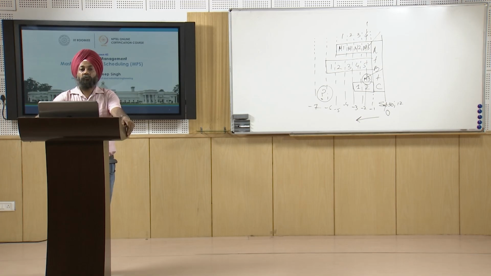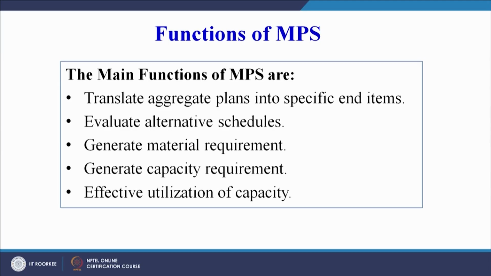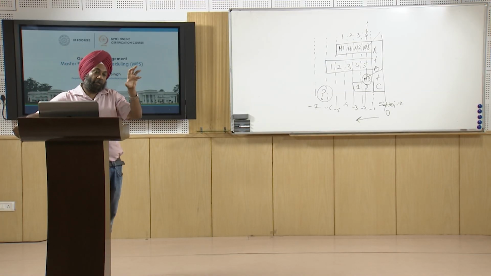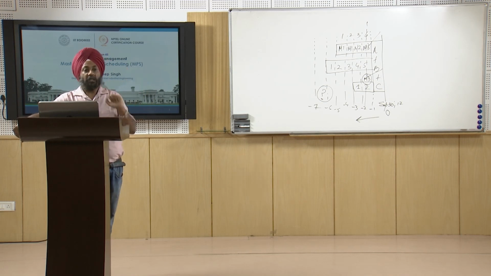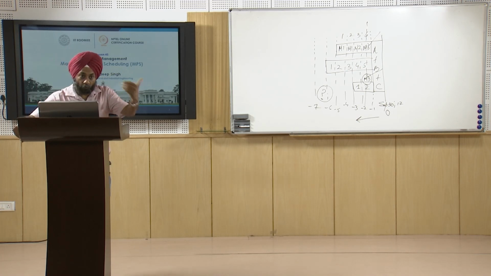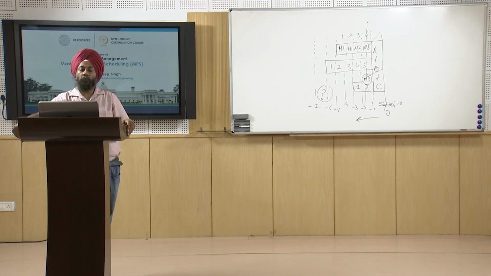The main functions of the master production schedule are to translate the aggregate plans into specific end items. Aggregate planning we have already seen in our previous discussion. Whatever we know, that this particular demand has to be met by this particular production alternative, that aggregate plan can be put into action using the master production schedule.